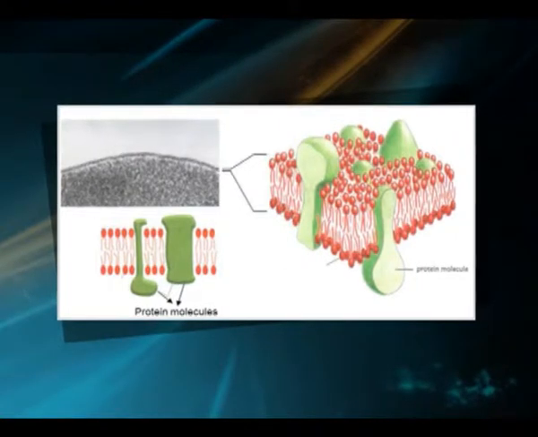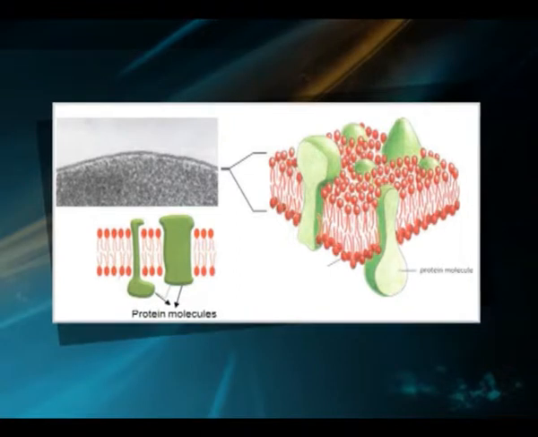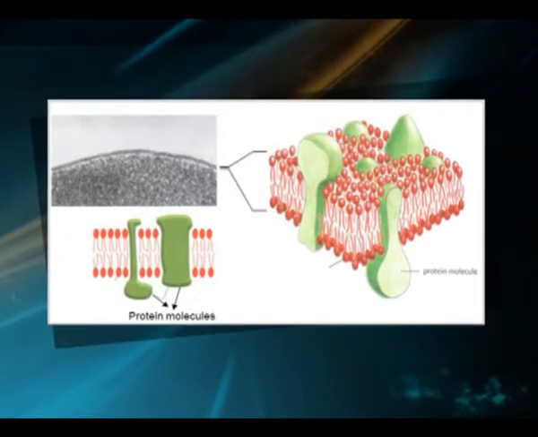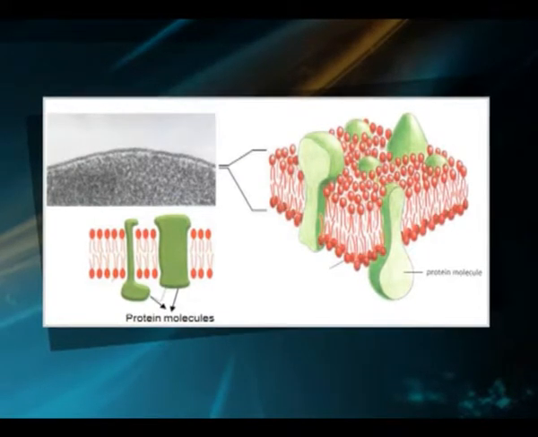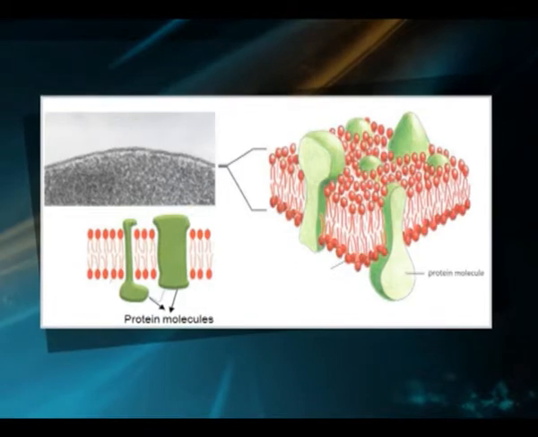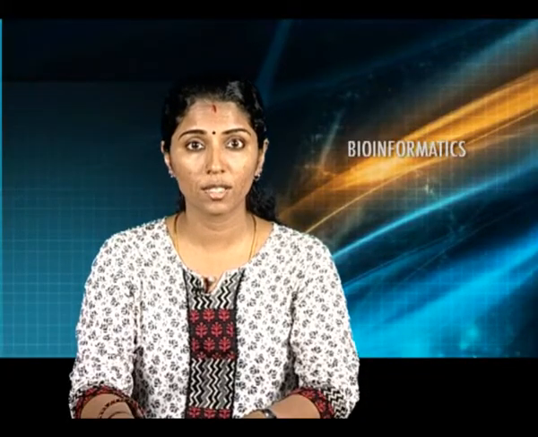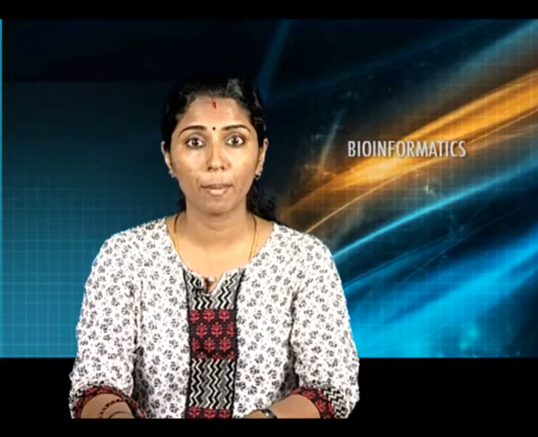As you can see from this figure, the lipid molecules are arranged as a continuous bilayer about 5 nanometer thick, and the protein molecules span the lipid bilayer and mediate nearly all the functions of the membrane. Cell membranes are dynamic, fluid structures, and most of their molecules move about in the plane of the membrane.